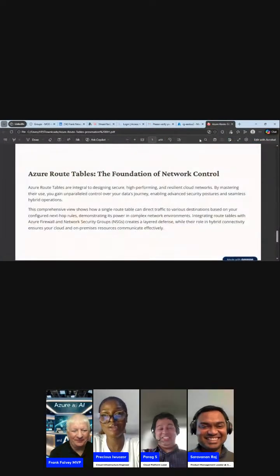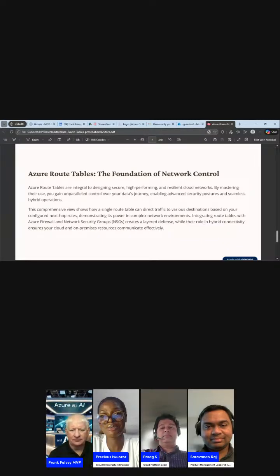Okay. So now, Azure route table being the foundation of network control, is designed for secure, high-performing and resilient cloud networks. By mastering their use, you gain unparalleled control over your data journey, enabling advanced security posture and seamless hybrid operations.